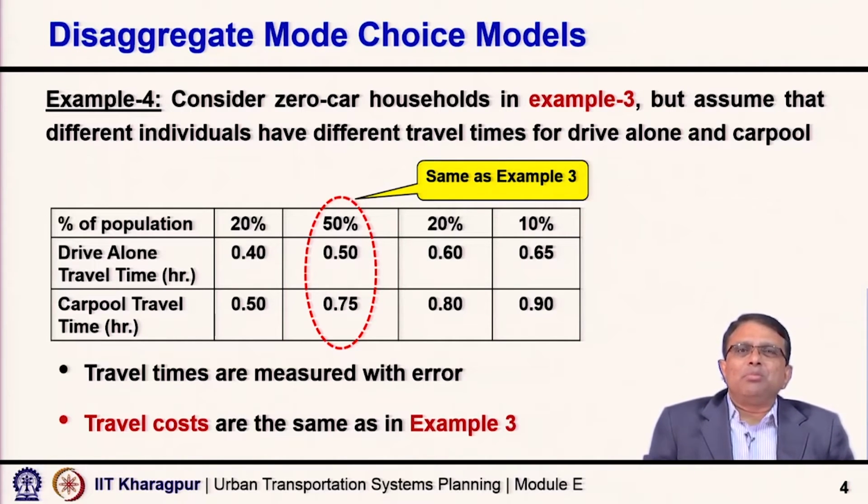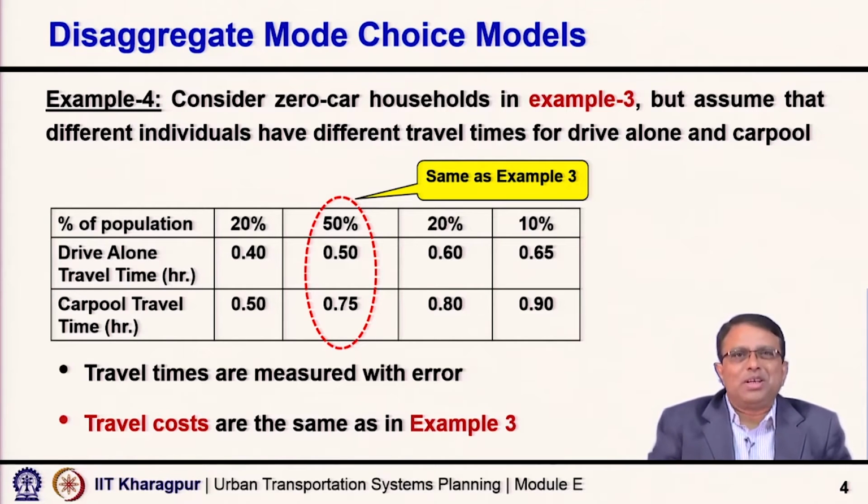So, travel times are measured, when we used, say, for 100% people 0.5 and 0.75. Obviously, my inputs are not correct for everybody. We are giving erroneous input, and now let us see what is the consequence of that.